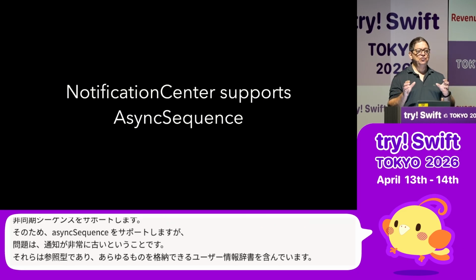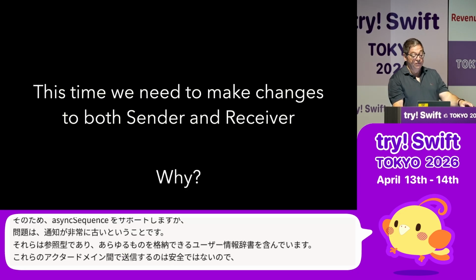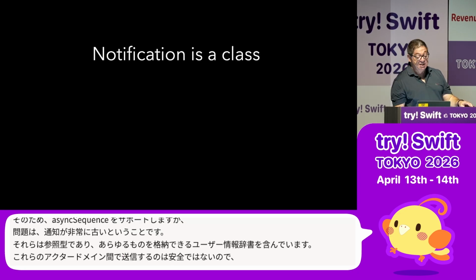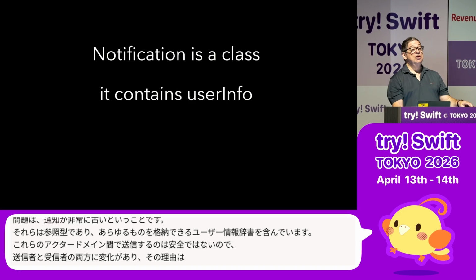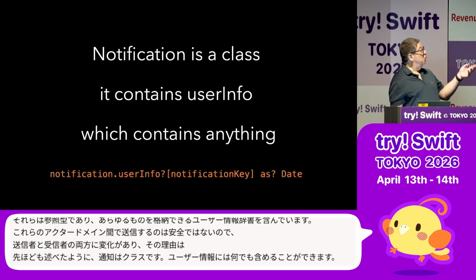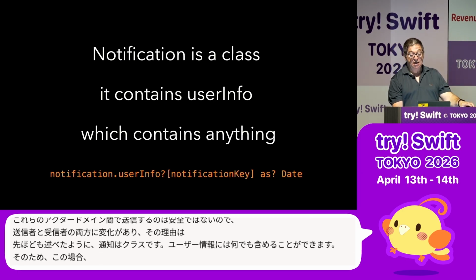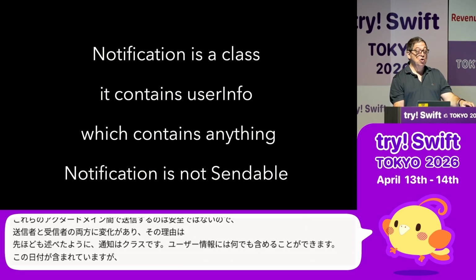That's not going to be safe to send across these actor domains. So I need to make changes in both the sender and the receiver. The reason is, as I said, notification is a class. User info can contain anything. And in this case, it's containing this date, but in general, notification is not sendable.